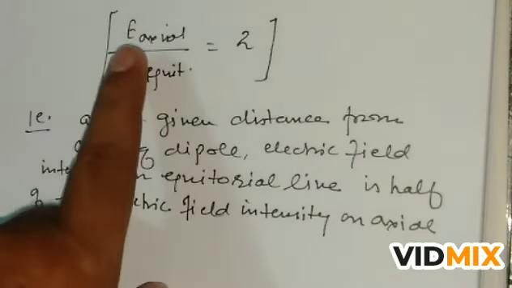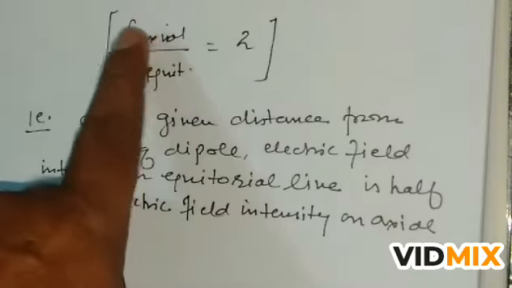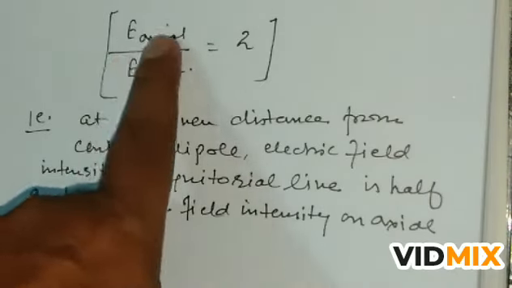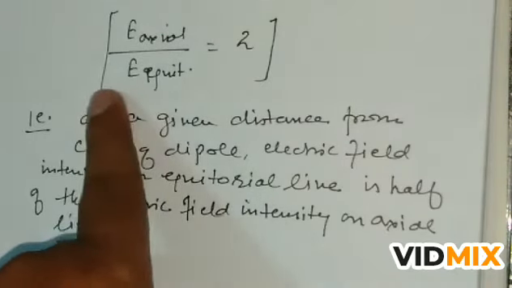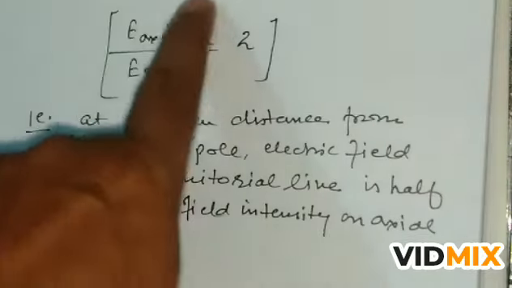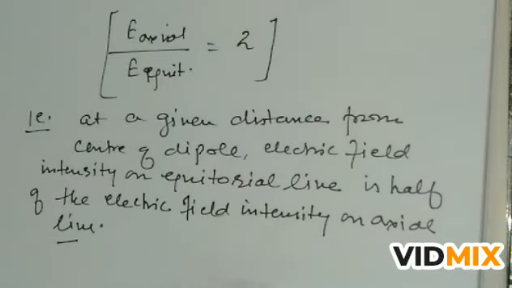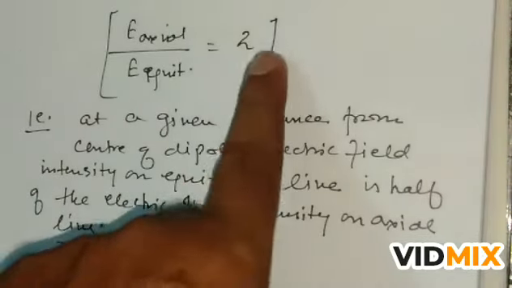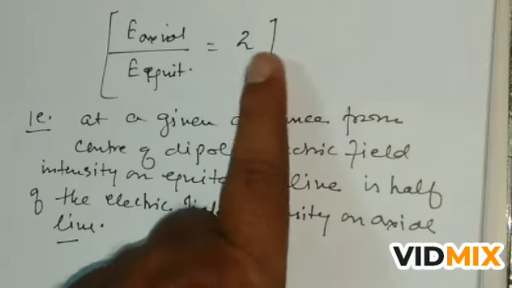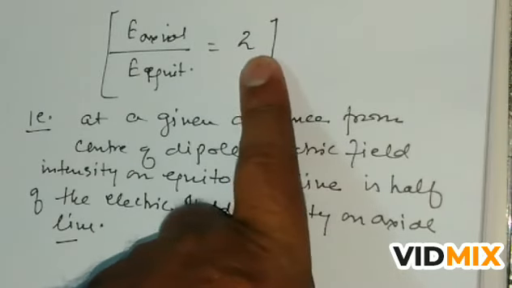Meaning if the axial value is given and they ask for the equatorial, E axial will be 2 into E equatorial. Meaning if you know the intensity at the same distance on the axial line, you multiply it by 2 and you will get the intensity on the equatorial point at the same distance.